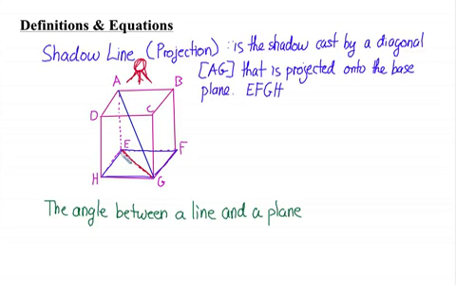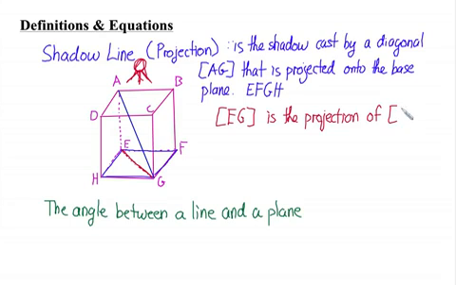So in this case, EG is the projection of the line AG on the base plane EFGH.